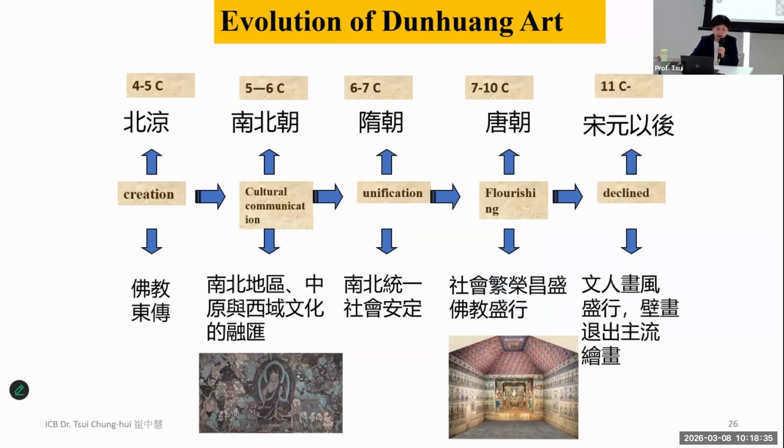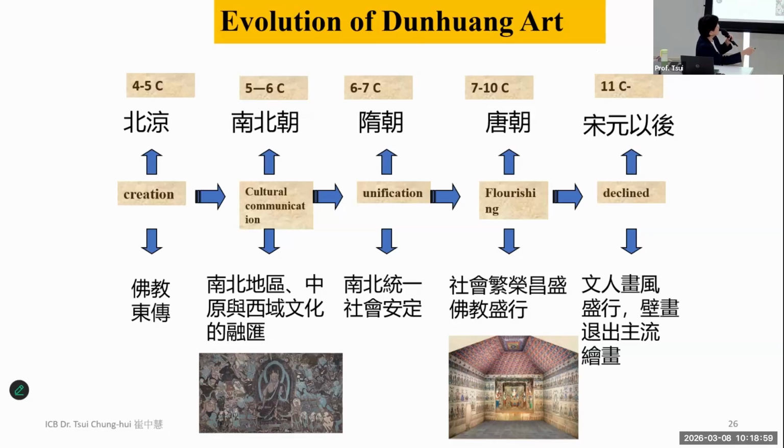So we started to study Dunhuang from the Northern Liang period to the Northern and Southern dynasties, to the Sui dynasty and Tang dynasty, and the Dunhuang Grottoes were built from the 4th until the 14th century.